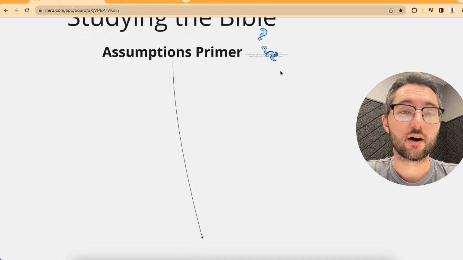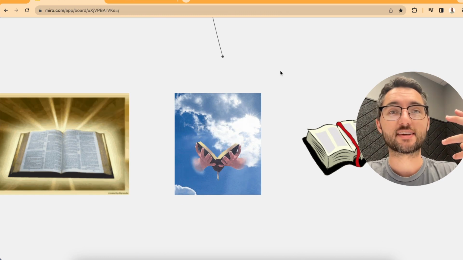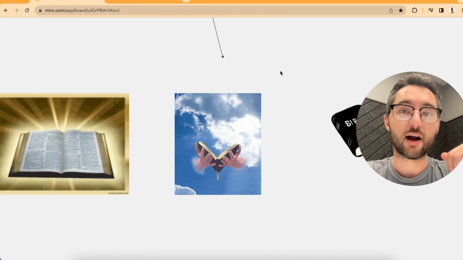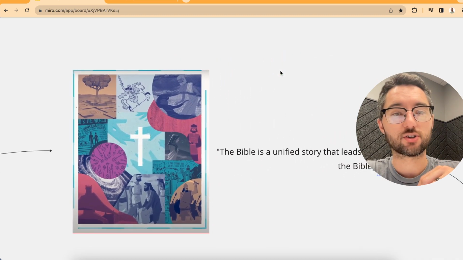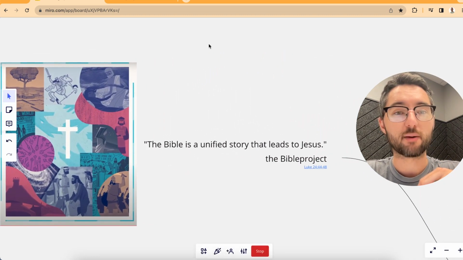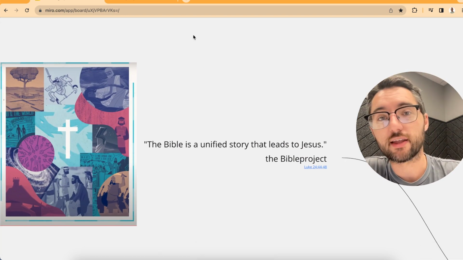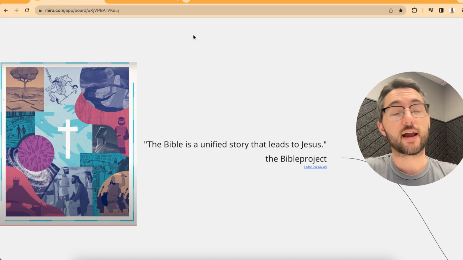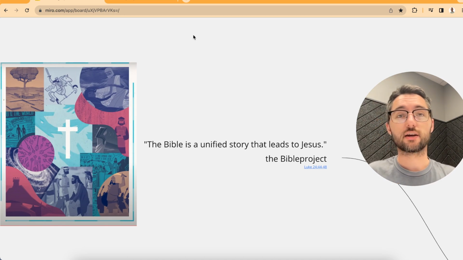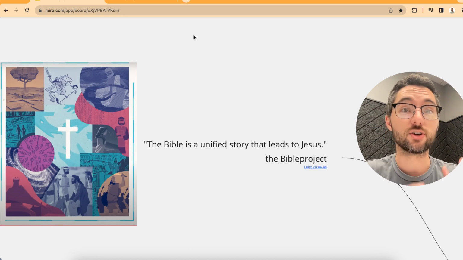So the expositional method does have assumptions and a view of the Bible, but probably the best way that I've heard it described is by the Bible Project, which says the Bible is a unified story that leads to Jesus. This is what the expositional method assumes: that the Bible is centrally focused toward Jesus, and that it's a unified story.